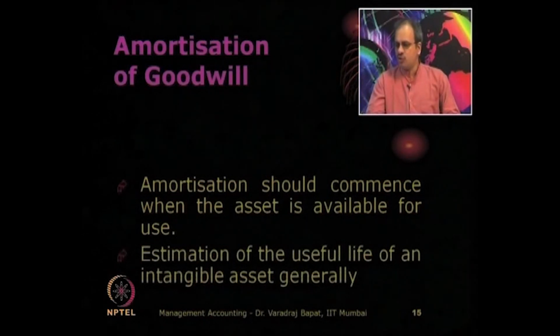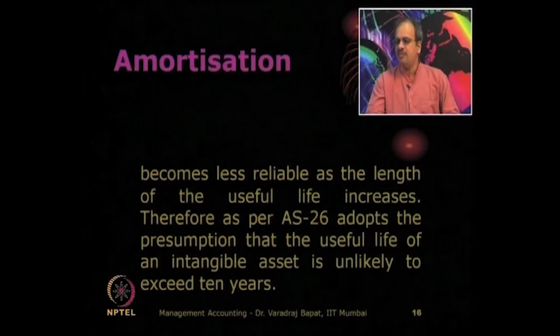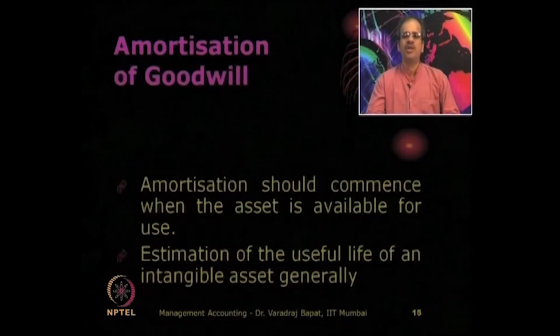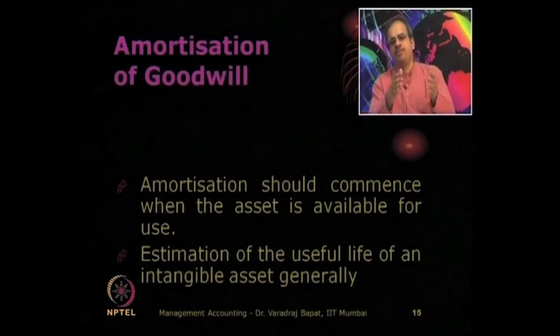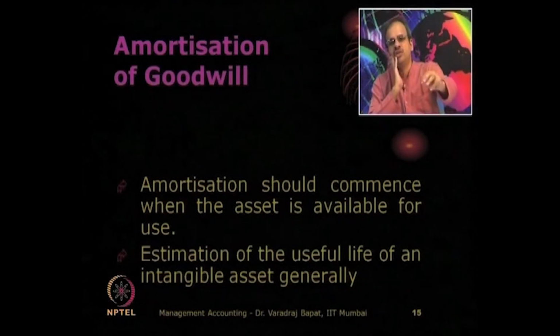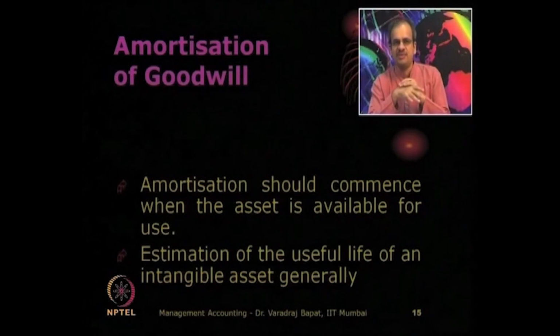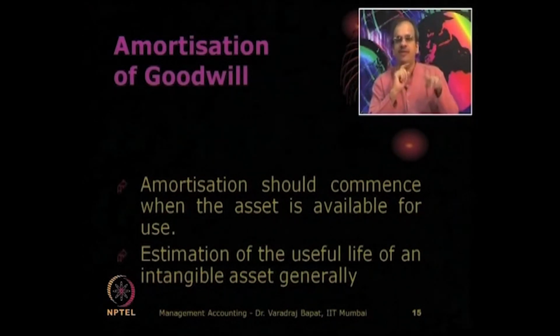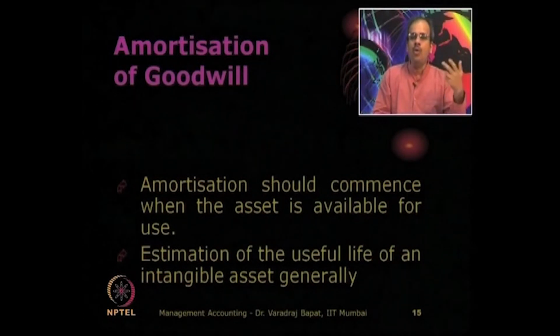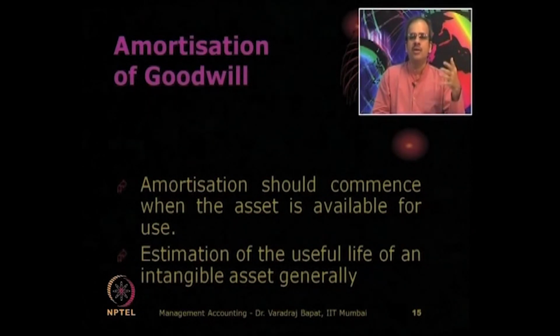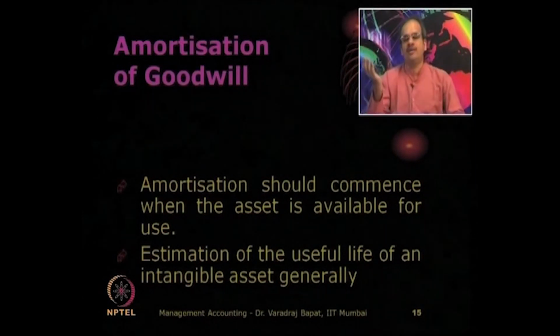Now, estimation of useful life generally becomes less reliable. Let us say we have purchased machinery, we know that we can use it for 3 years, 5 years, 6 years, etc., as per the manufacturer's specification, so it is easy to estimate. However, it is very difficult to estimate how long you can use goodwill, because goodwill may be useful forever.